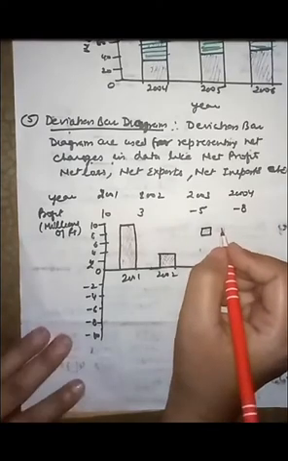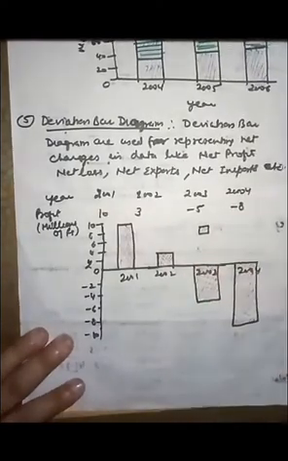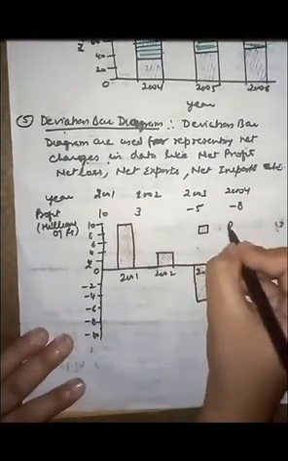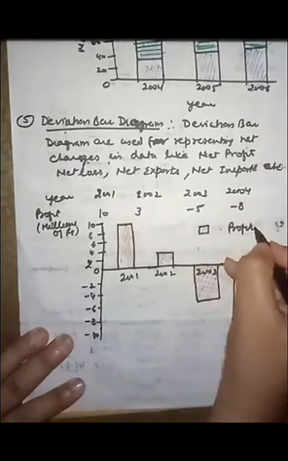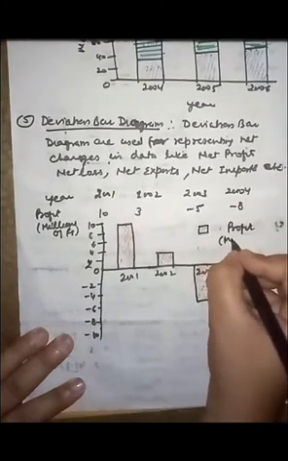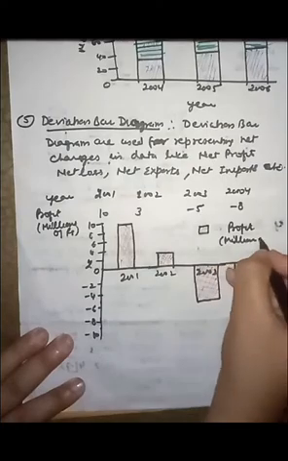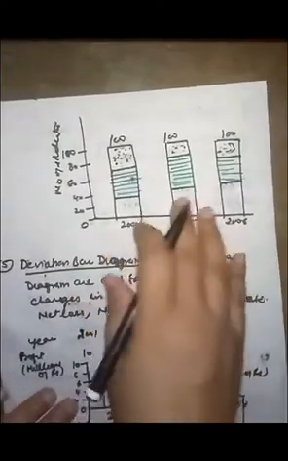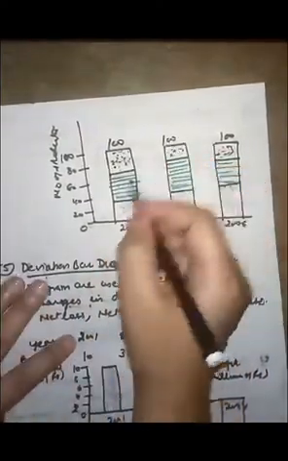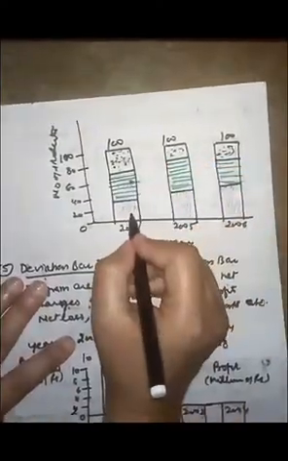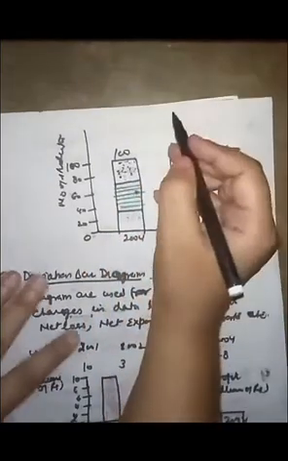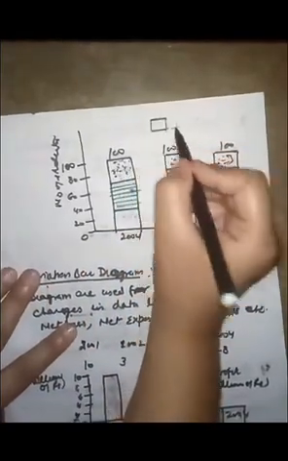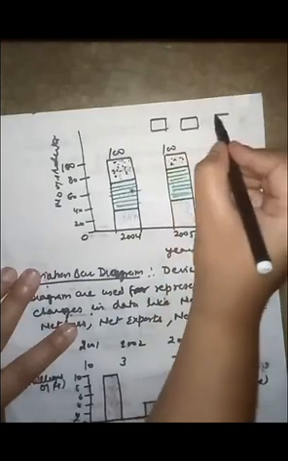So this is showing the profit, in millions of rupees. Similarly, you can show all of these. I have taken this one as arts, this one as science, and this one as commerce, so you can indicate them in symbol form.